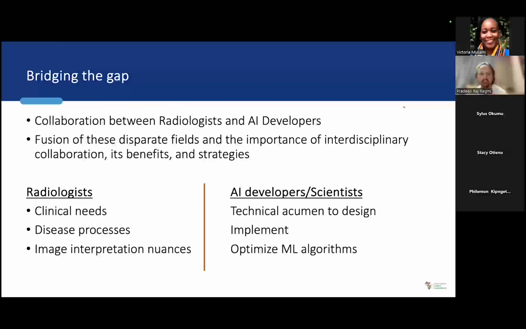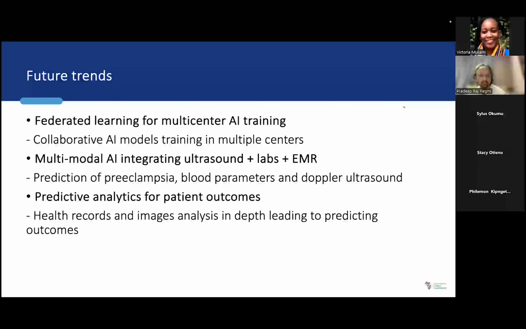the patients benefit. So future trends: federated learning for multicentric studies can be there for the AI model, and multimodal AI integrating ultrasound, correlating the AI model's ultrasound findings with labs and clinical parameters. Like I said, in preeclampsia, blood parameters and Doppler parameters can help, and predictive AI models can also help patients' outcomes.